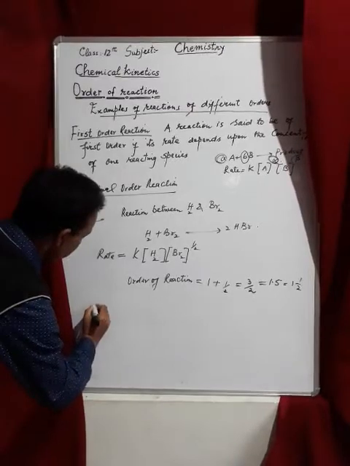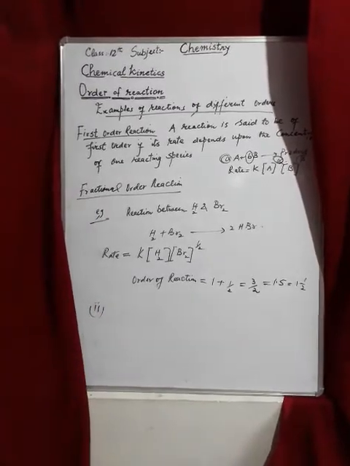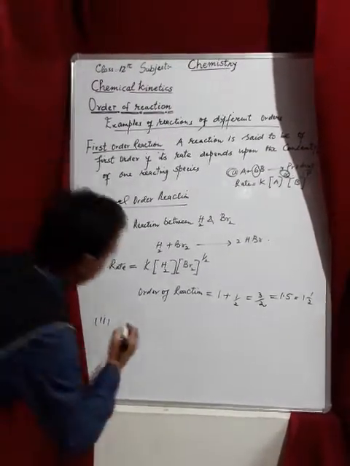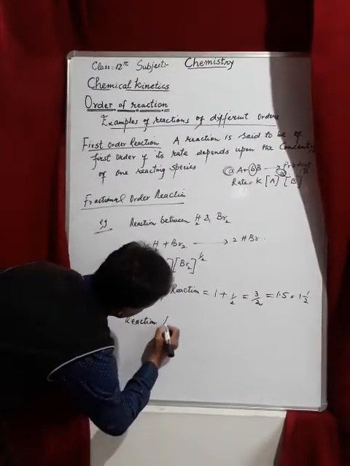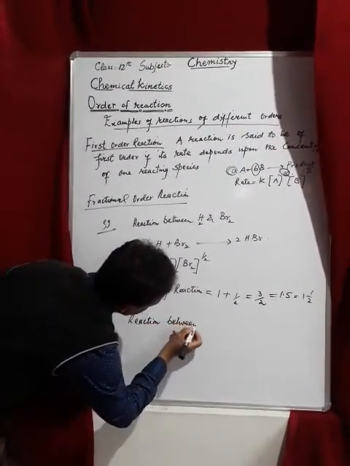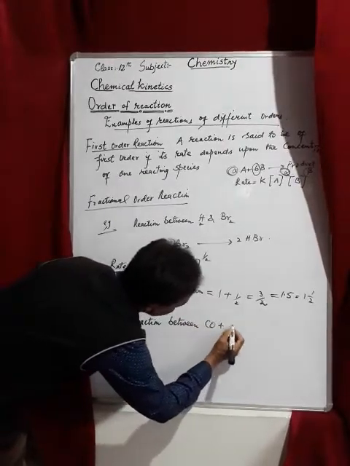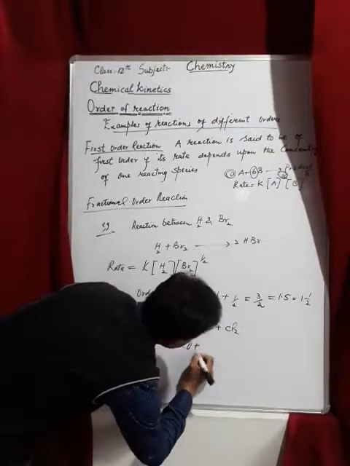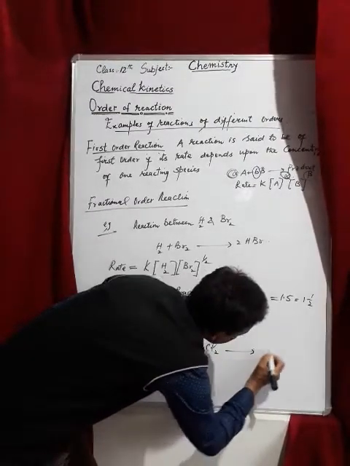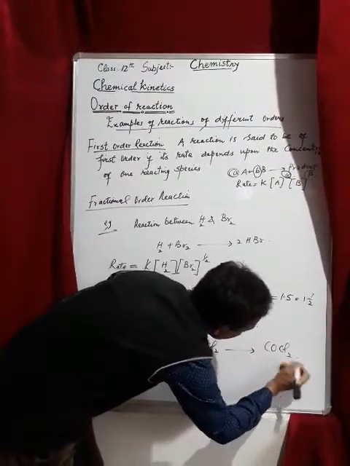Or we can take a second example of this, the reaction between CO and Cl2. Then the CO and the Cl2, they combine, they form COCl2.